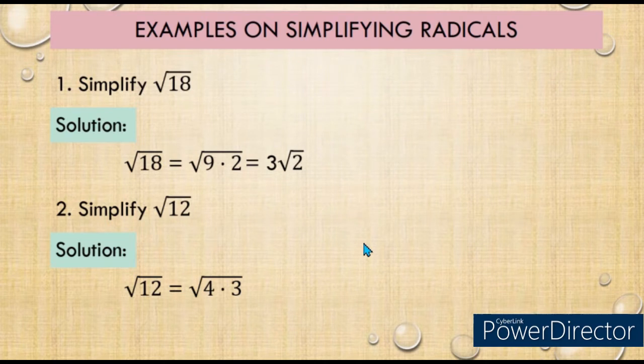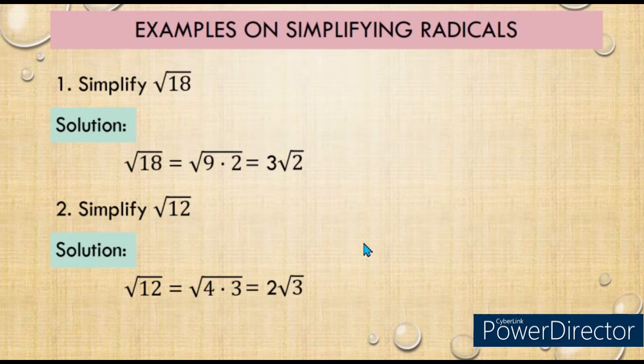Okay? So we need to get the square root of 4. So the answer is 2, which we need to write outside the radical sign. So magiging sagot natin dyan ay 2 square root of 3. So that is the simplest form of square root of 12.